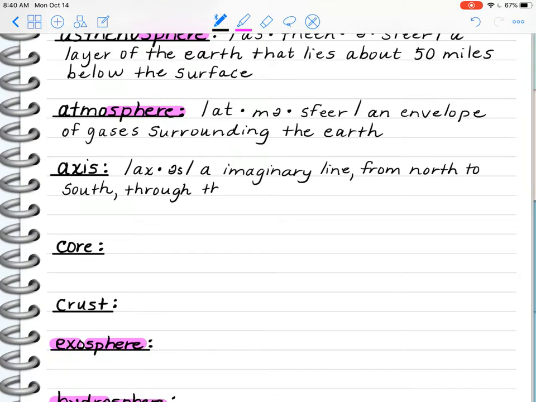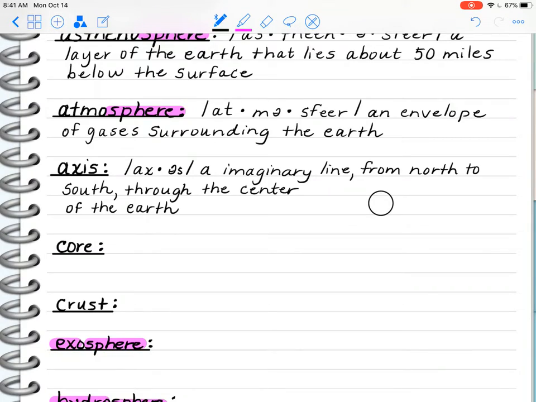And I'm going to draw you a picture of this one. If this is the Earth, which it's not, it's two-dimensional. Earth is three-dimensional.